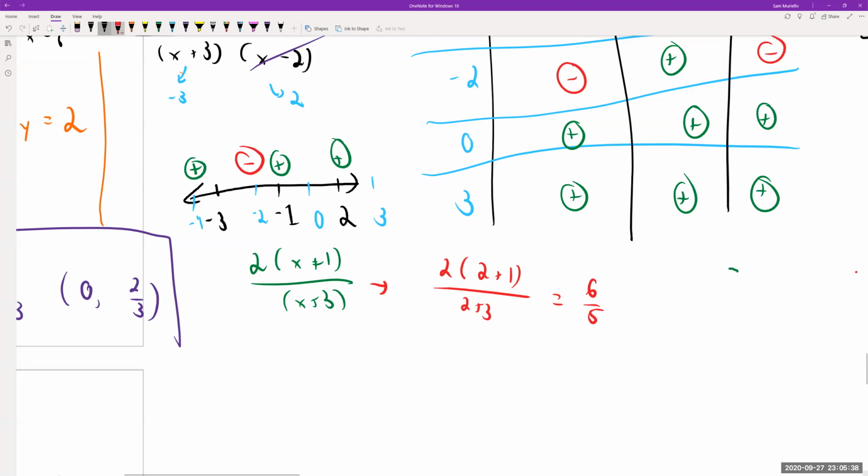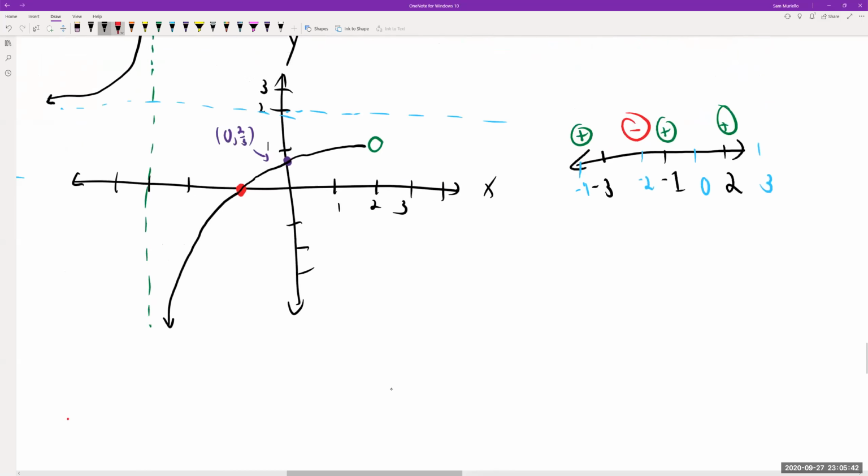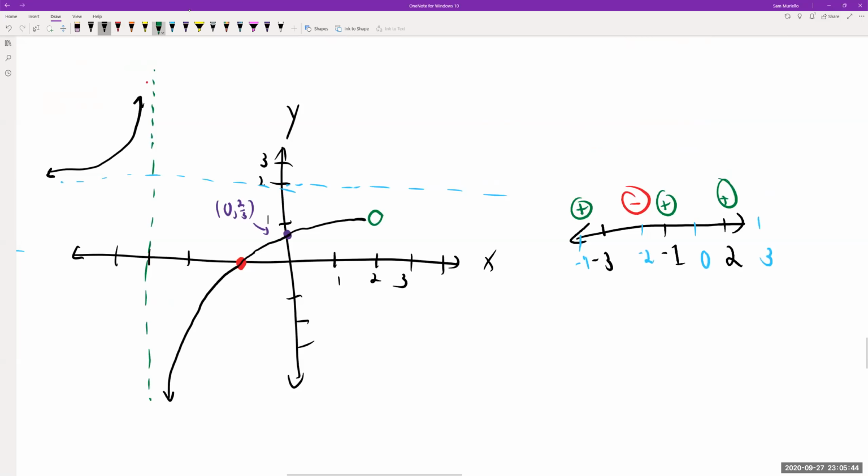So this hole is going to occur at the point (2, 6/5). There's nothing there, but it's clear what should be there, and it's a little bit above 1. Finally, we'll continue the pattern and make it clear that it's approaching the asymptote. And there's our sketch.